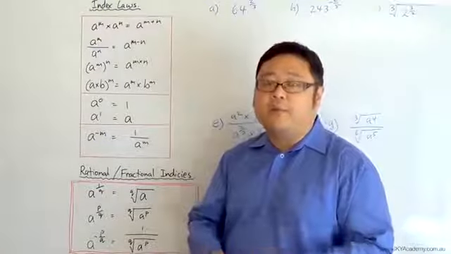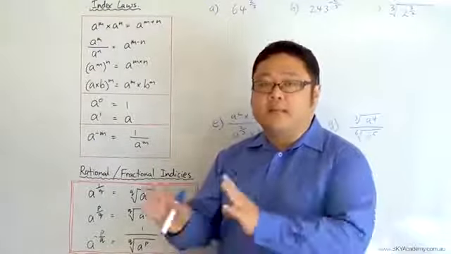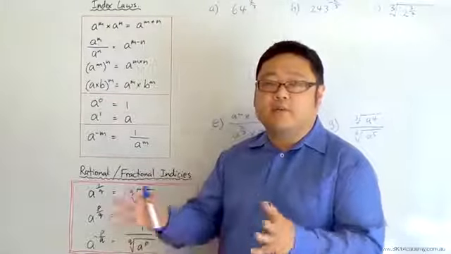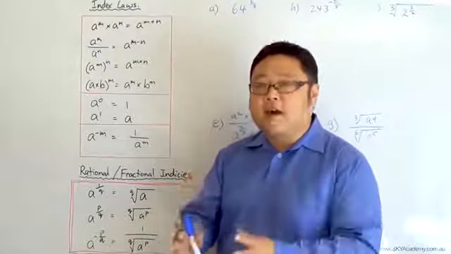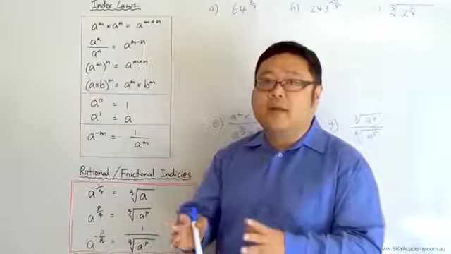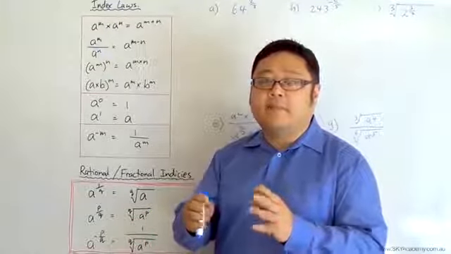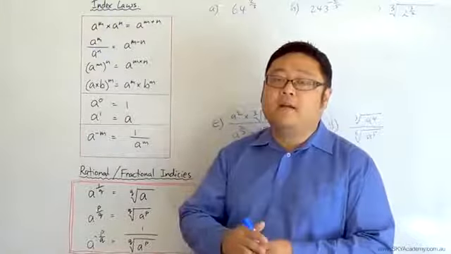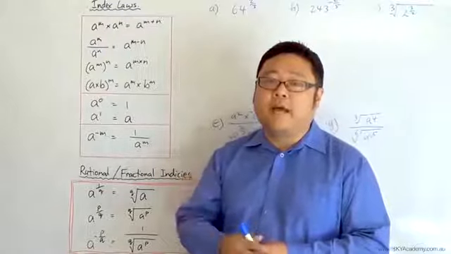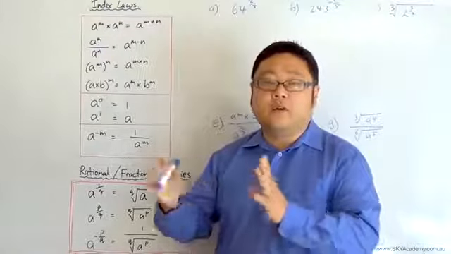We've been looking at indices, and up until now we've been dipping our toes in the water, playing in the kiddies area of the pool. Now we are going to look at the bit that most people have problems with, but you will need to become really good at when you're doing calculus.